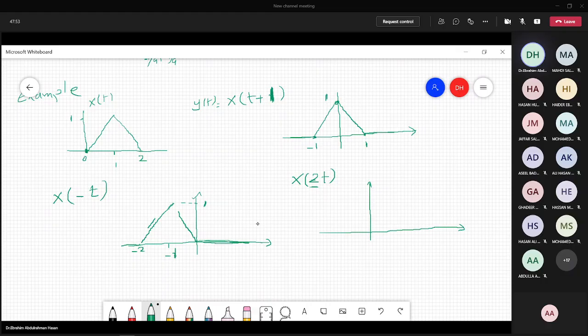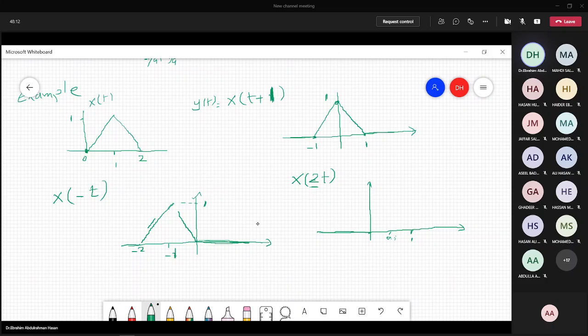So this is at 0. Whatever we have on 1, it becomes at 1 over a, which is equal to half. Whatever we have at 2, it becomes 2 divided by 2, it is 1. So here 1, and this is 0.5.